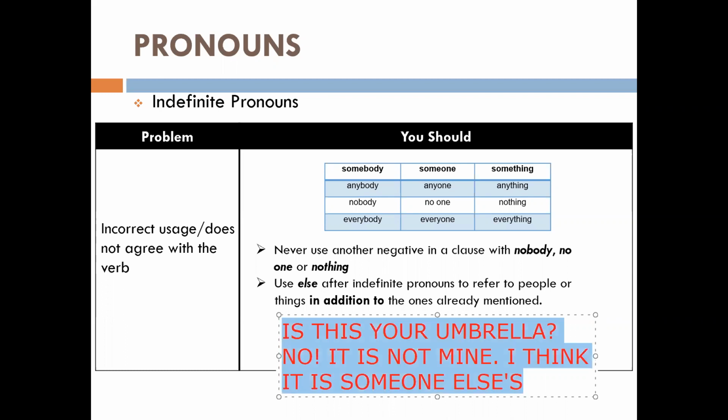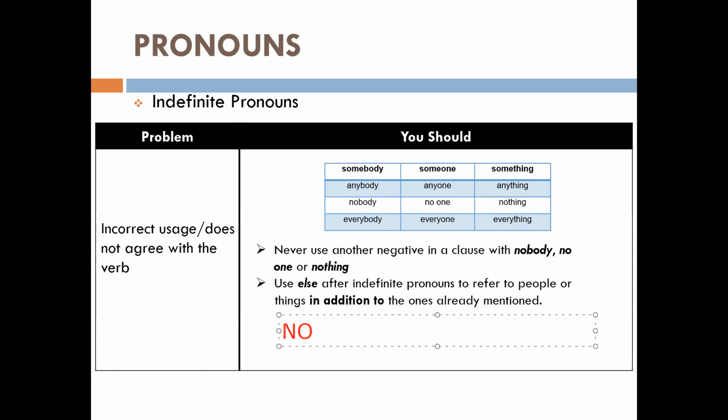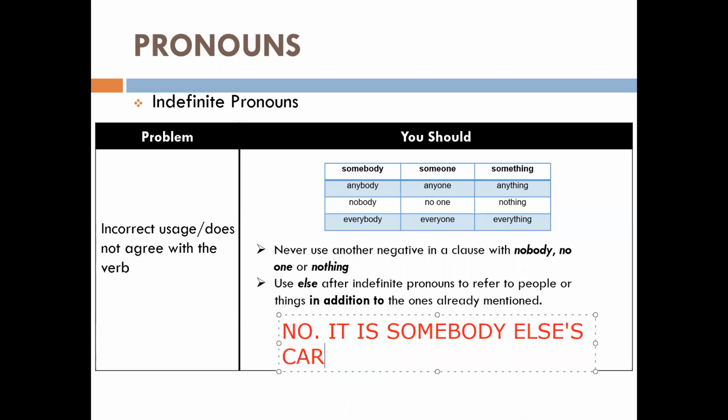Is that your car? No. It is somebody else's car. It's not my car. It's somebody else's car. They have the same color though. So else means other, and else's shows possession by another. Remember that.